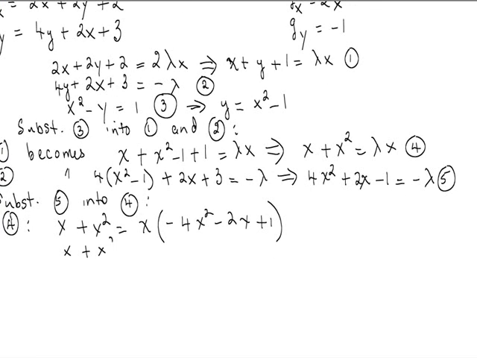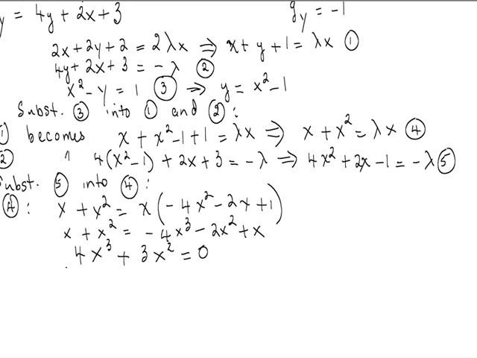X plus x squared equals minus 4x cubed minus 2x squared plus x. So this gives us 4x cubed plus 3x squared. The x's cancel and that's 0. Now let's factor.